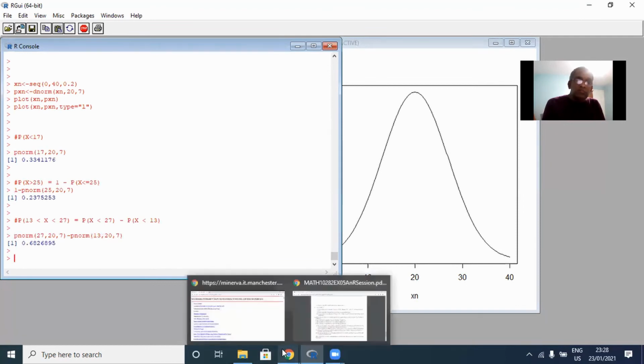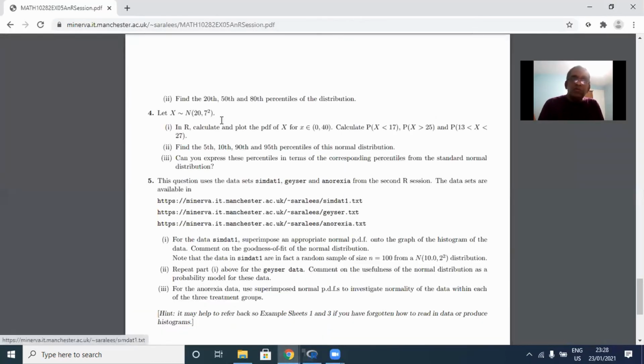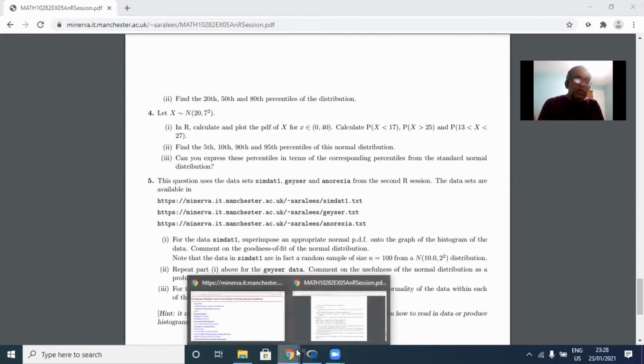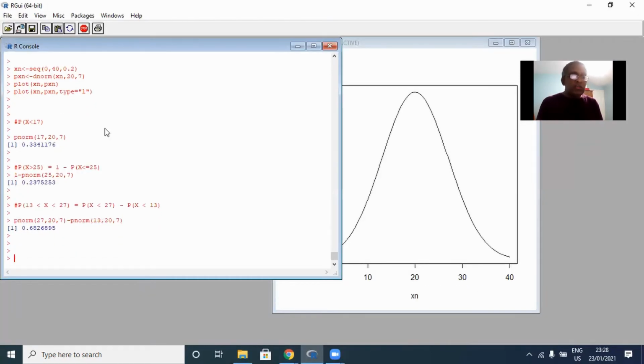So that completes the first part of question 4. The second part is to find the 5th, 10th, 90th, and 95th percentiles of the normal distribution. For that, you will use the command qnorm. So qnorm, to find the 5th percentile, you take the probability to be 0.05.